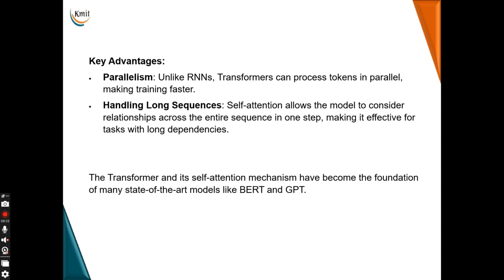Irrespective of the size of the input sequence, the dependencies and the relationships between various tokens are all computed in one single step, making it effective for tasks with long dependencies. And the transformer and its self-attention mechanism are the foundation for various models like BERT and GPT.